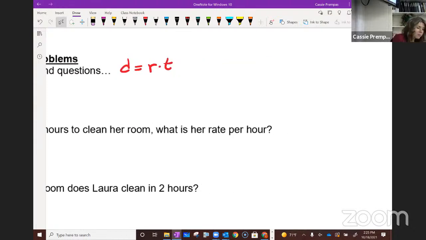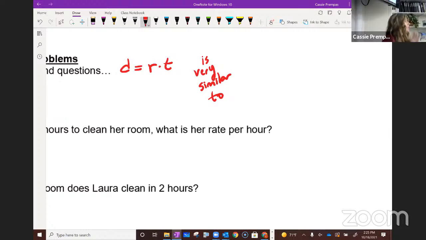So essentially how far someone's gone can be determined by their rate multiplied by their time. So go ahead and write distance equals rate times time. This is very similar to the amount of work someone can do. The amount of work someone can do is equivalent to their rate of work multiplied by how long they work.